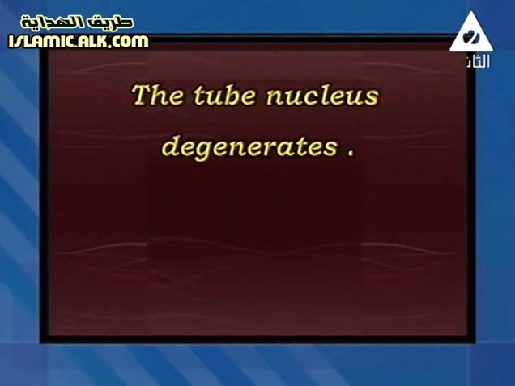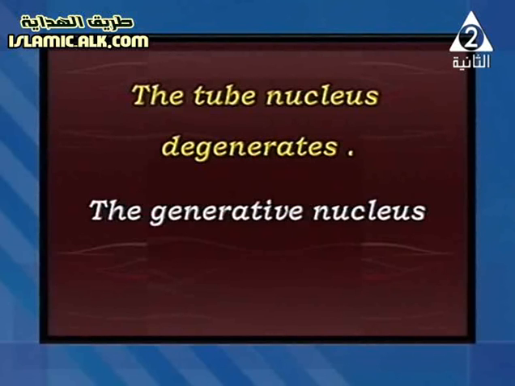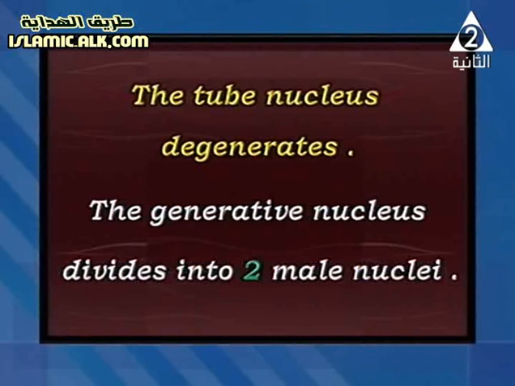And the tube nucleus, the nucleus that causes penetration, degenerates or disappears. We have two nuclei: one of them is called generative and the other is the tube nucleus. The function of the tube nucleus has already ended right now.